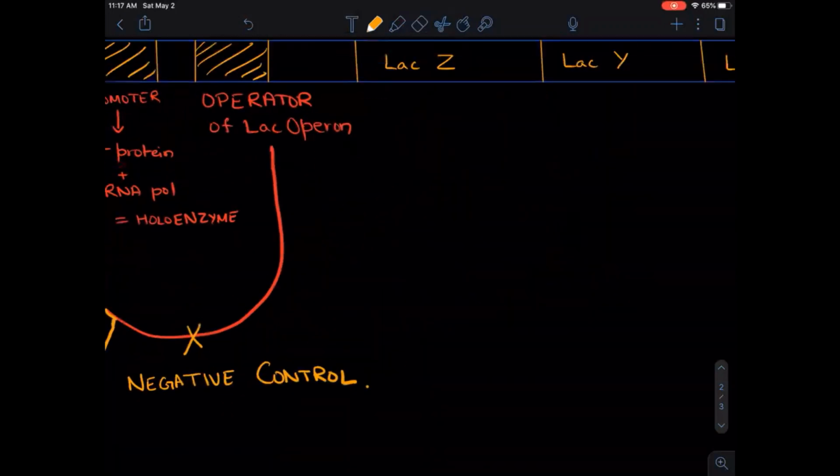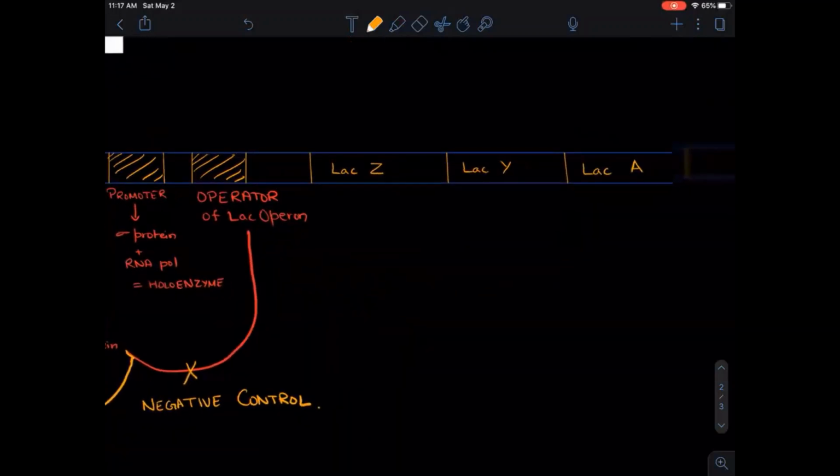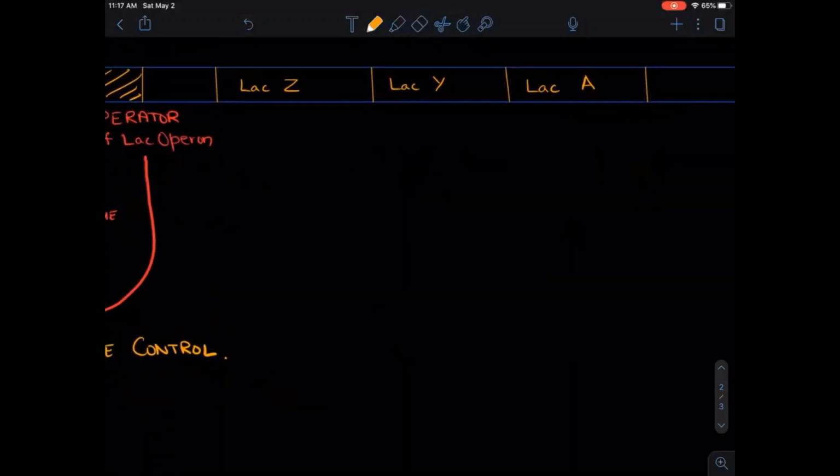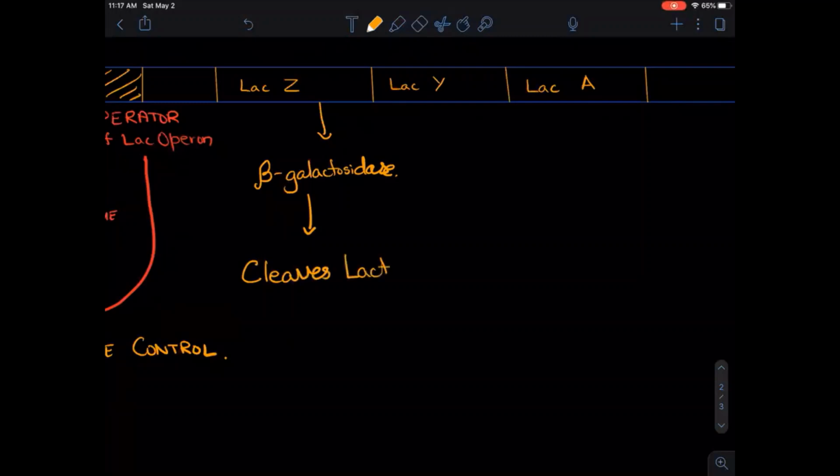Now, the three genes present in the Lac Operon are LAC-Z, LAC-Y, and LAC-A. LAC-Z codes for beta-galactosidase, which cleaves lactose, that is, aids the metabolization of lactose.